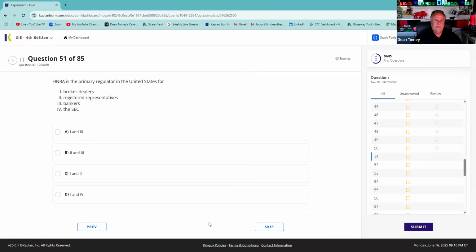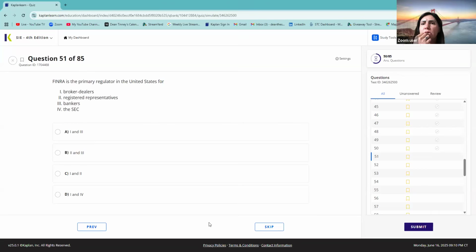FINRA is the primary regulator in the United States for broker dealers. And the bankers? No, banks don't answer to FINRA. Banks answer to the FDIC, the Comptroller of the Currency, and the Federal Reserve Board.